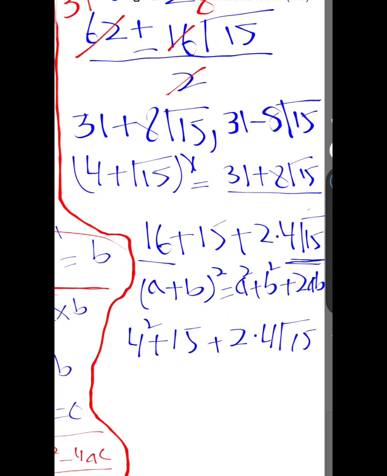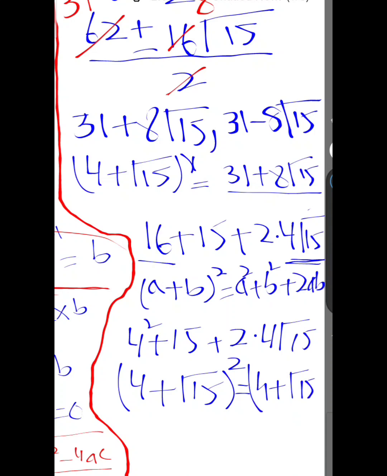So we can say (4 plus square root 15) with power 2 is equal to (4 plus square root 15) with power x. If we have the same base, then the exponents will be equal. So 2 is equal to x.